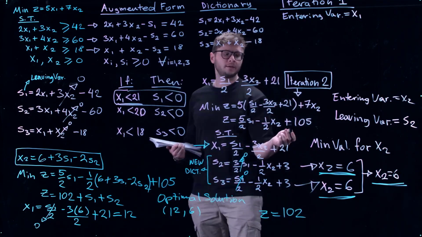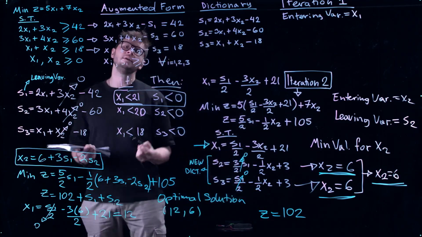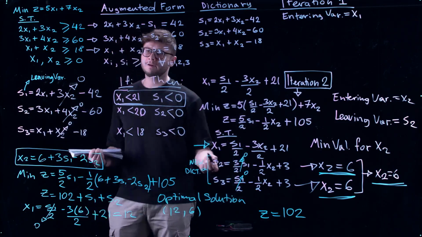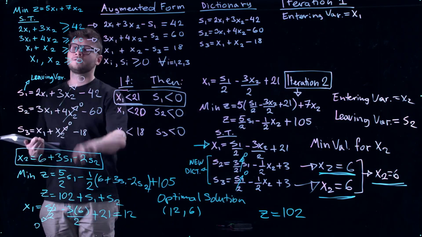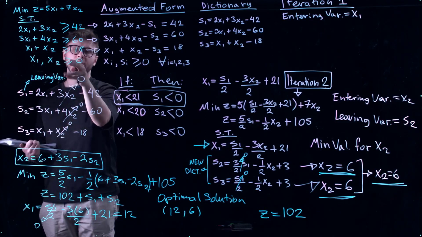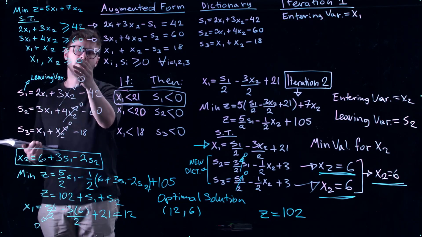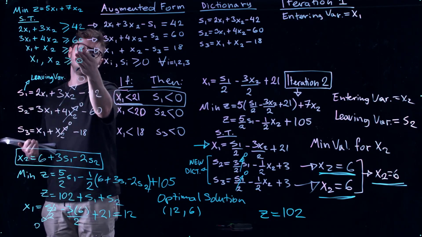If you would like to check the validity of the solution and make sure that all of the constraints are not violated, you will just simply plug the values of 12 and 6 for x1 and x2 respectively into the original constraints and make sure that they are in fact giving you a value of 42 and over, 60 and over, 18 and over.